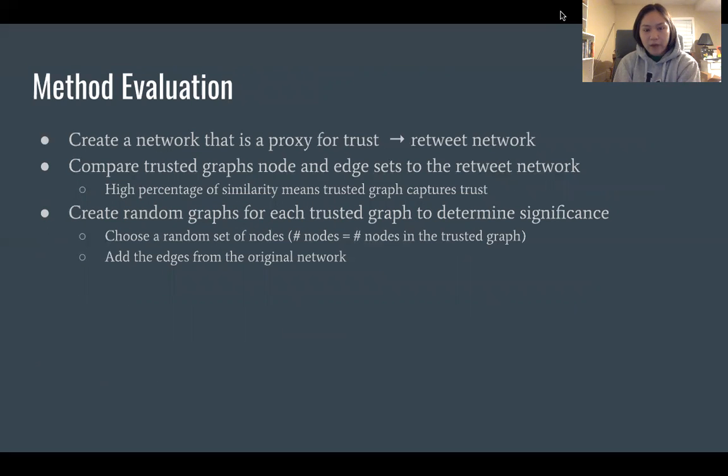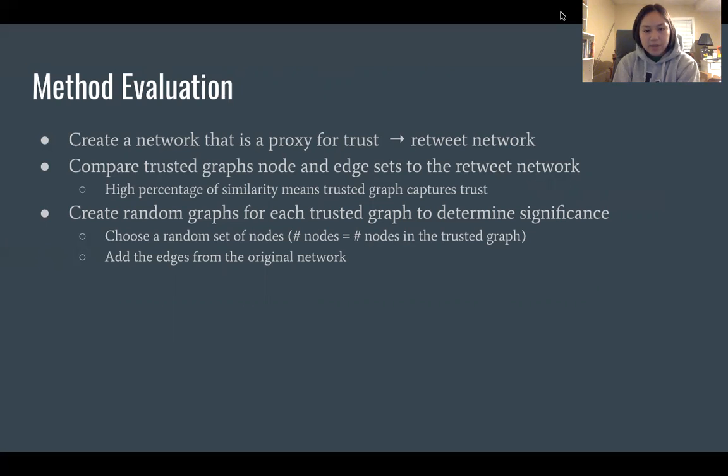To evaluate the trusted graphs, I created a network that represents a proxy for trust, and this is the retweet network. It's assumed that if user A retweets user B, then user A trusts user B. Then I compared the trusted graphs' node and edge sets to the retweet network.